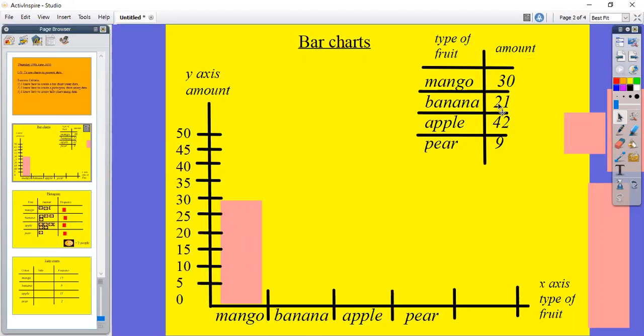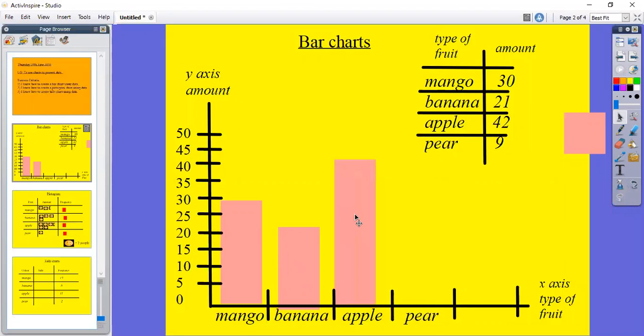I can see 21 people liked banana. So I get my bar for banana, and I make sure it reaches 21. And then apple had 42 people. So when I create my bar, I need to make sure it reaches 42. And finally, pear reaches 9.